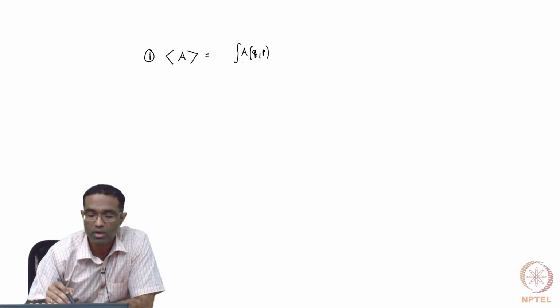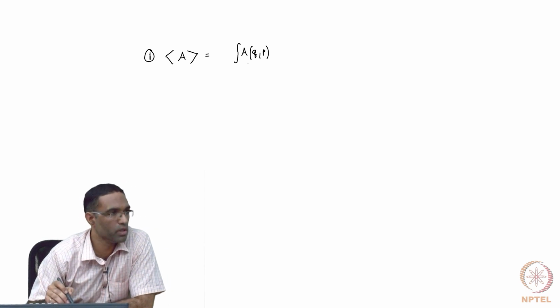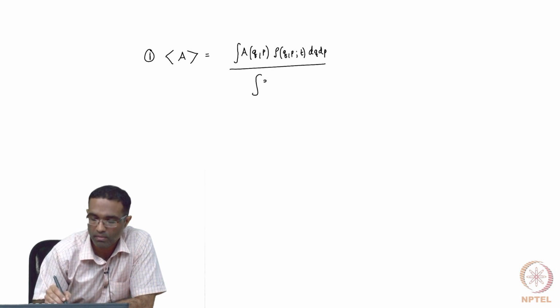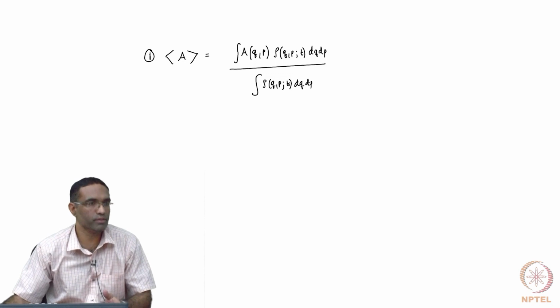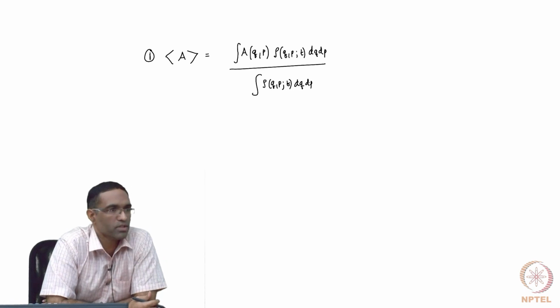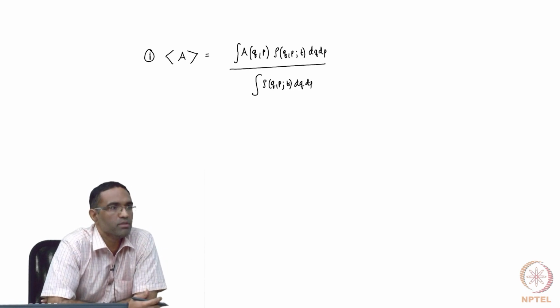If you knew the functional form of that particular physical quantity as a function of q and p, the generalized coordinates and the generalized momentum, and you knew this function rho, which is also a function of q and p and maybe explicitly a function of t, then this is basically the phase average of this particular quantity, as the system is sampling the various points of phase space.